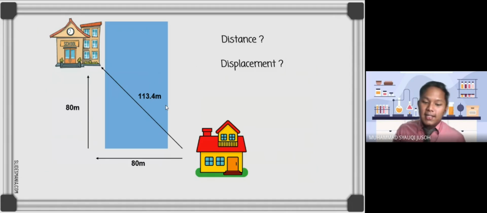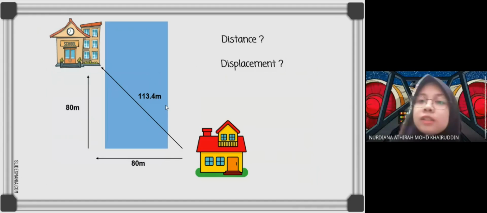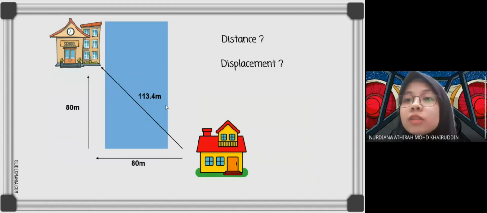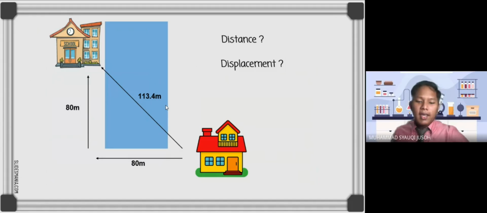So here is the example of distance and displacement. Can anyone tell me what is the distance and displacement between the school and the house? Sir, I think that the distance between the house and school is about 160 meters, sir. Okay, good. You are correct, Nurdiana.